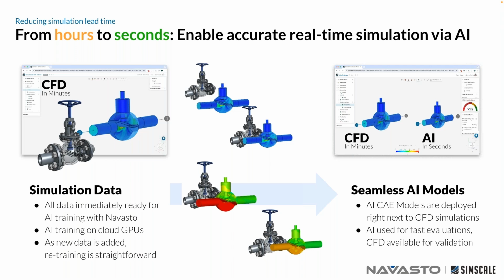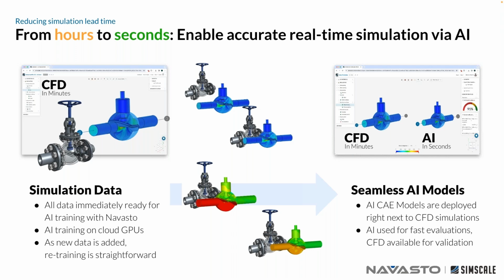All the AI algorithms are trained on existing data or new data that you can create. So if you have the simulation data, they are ready to be trained with an AI model within SimScale because you don't need to jump between different tools to collect the data, pre-process it, and make it ready for the AI tool to actually read it. Everything is included and integrated within SimScale.